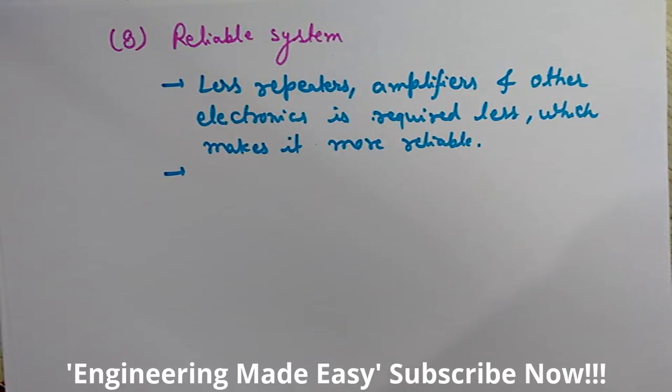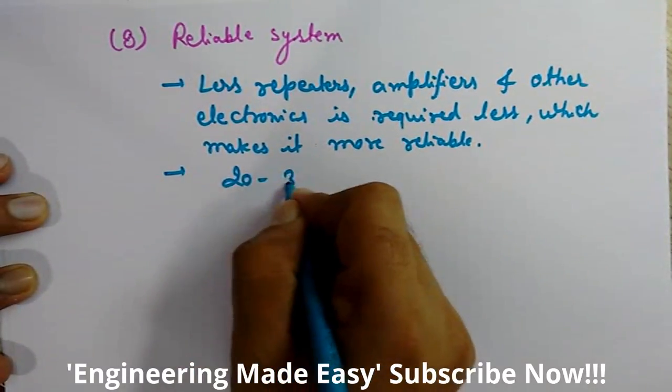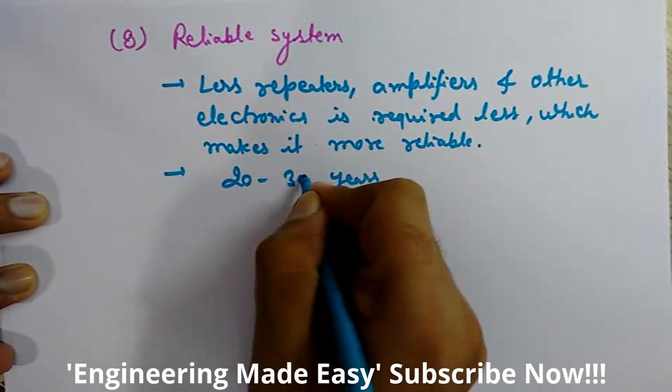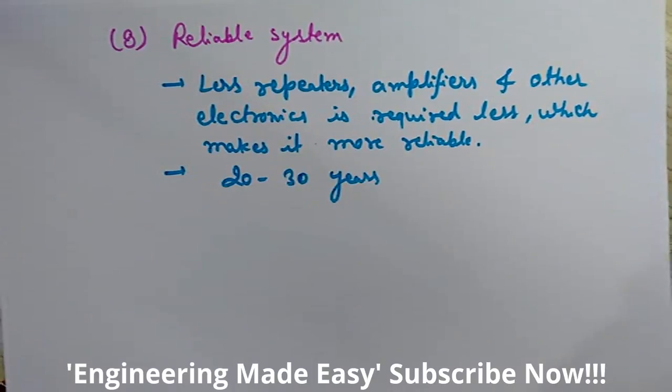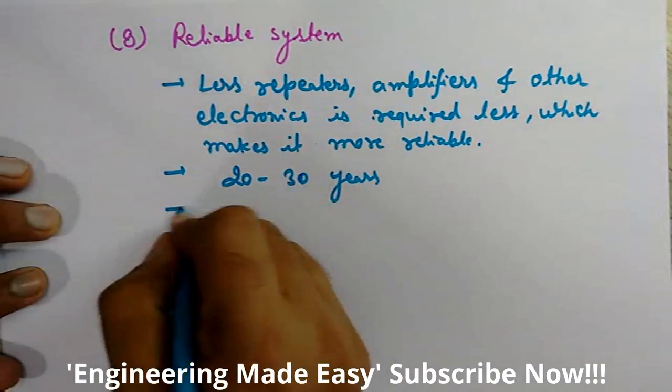And optical fiber communication is highly reliable, as it can function normally for about 20 to 30 years. Due to improved reliability, the amount of maintenance and the maintenance cost is also reduced.